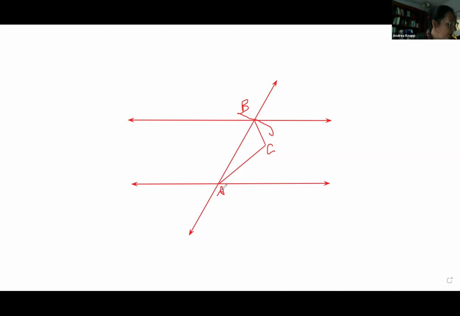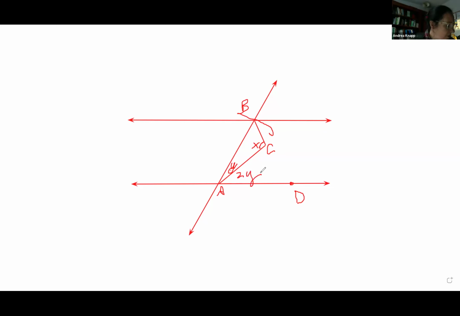So for angle CAD is twice BAC, I'm going to call angle BAC X. Probably I shouldn't call it that because it wants us to label this one as X. So instead, let's call it Y. And then we're told that angle CAD is twice that measure, so I'm just going to call that one 2Y.